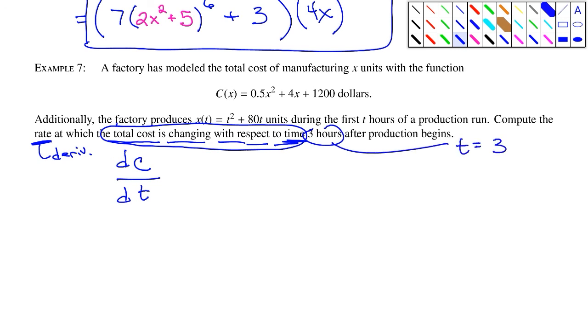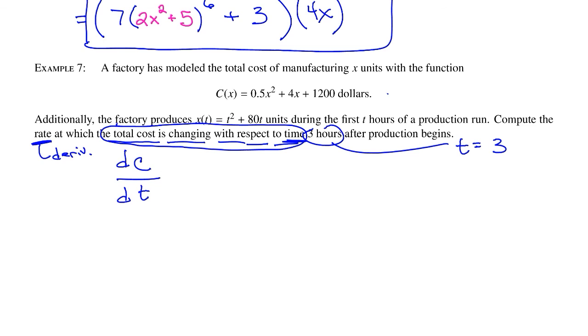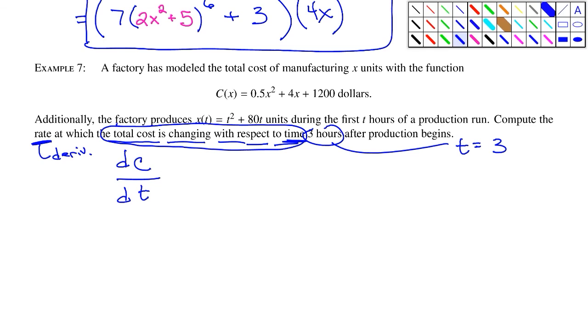So it seems easy enough until you look at the actual equations that you were given. dC/dt means to take the derivative of the C function with respect to t. But there are no t's in the C function. So that can't work. So what we're going to do is use the chain rule to rewrite this as dC, and then what variable do I have with my C function? dx.